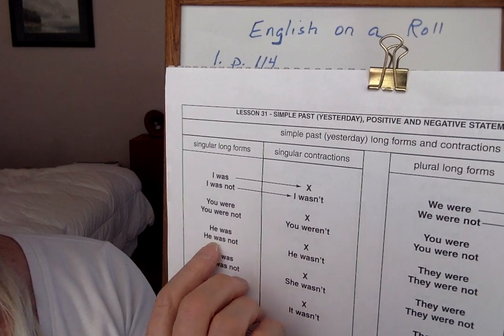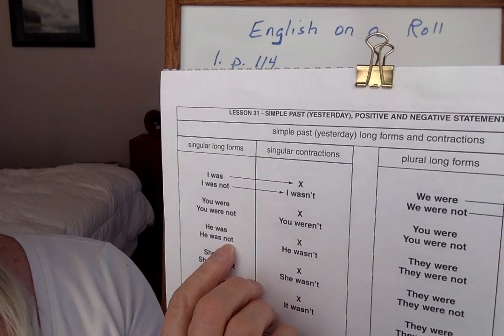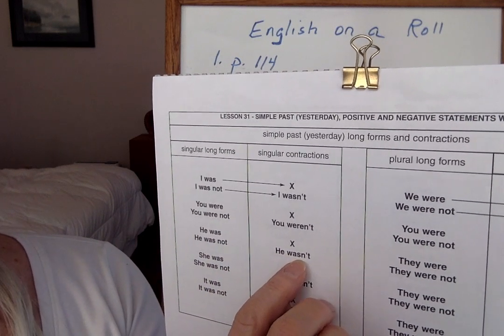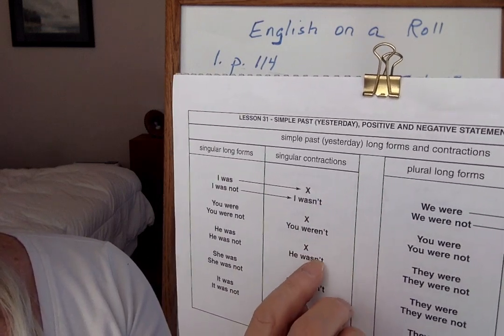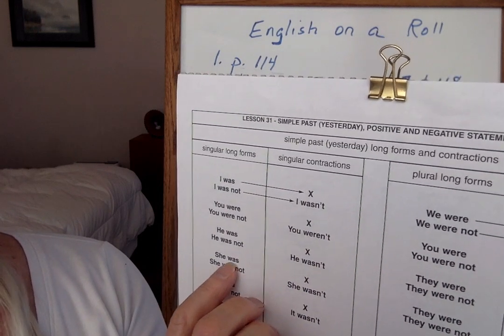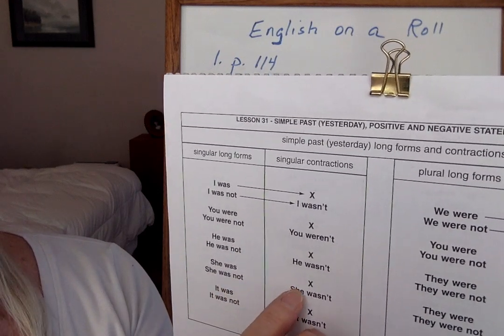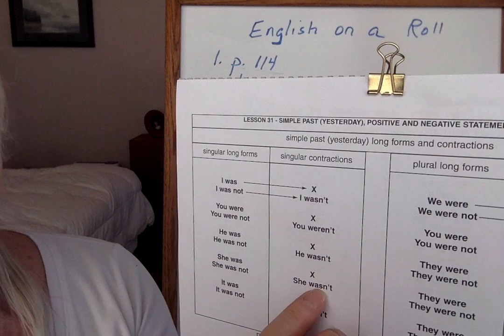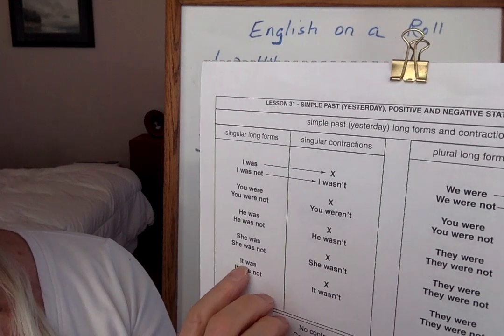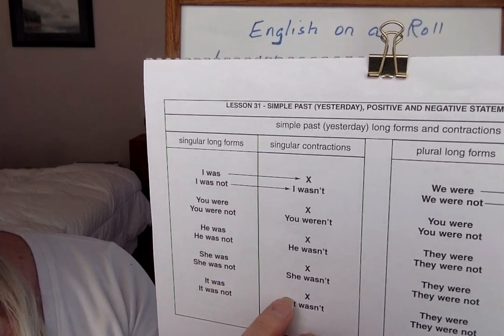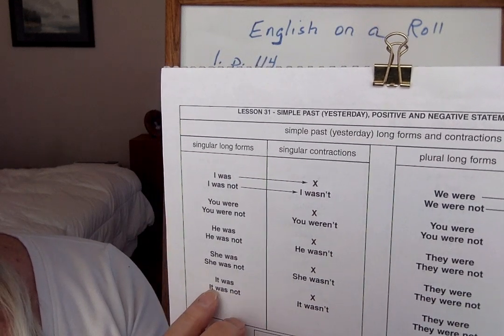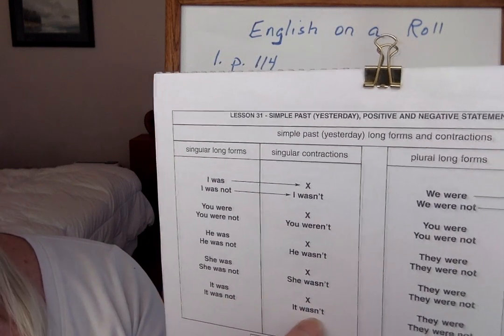He was not, he wasn't, just like this. She was, no contraction. She was not, she wasn't. It was, again, no contraction, but here, it was not becomes it wasn't.